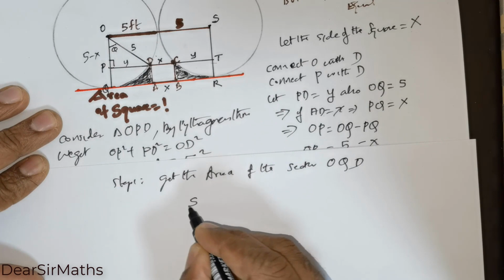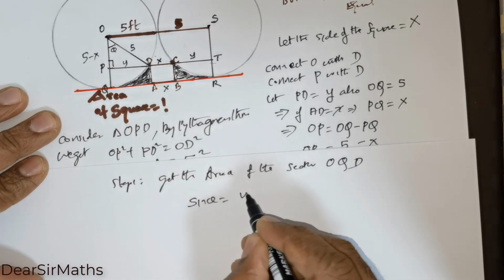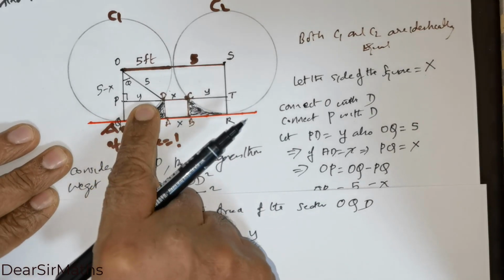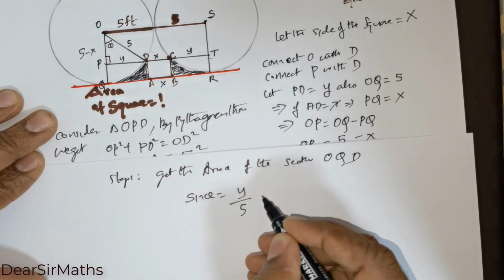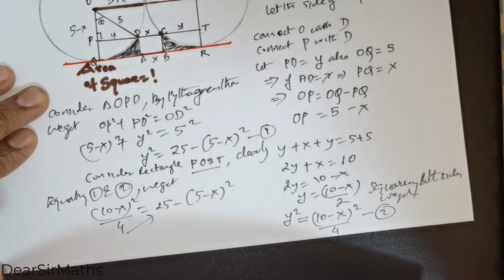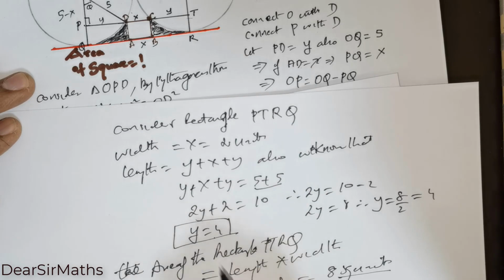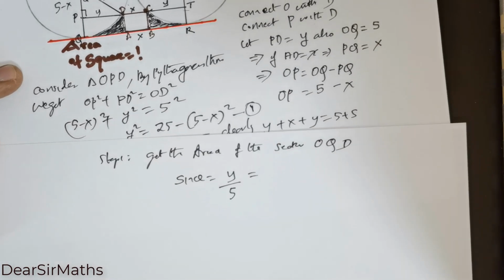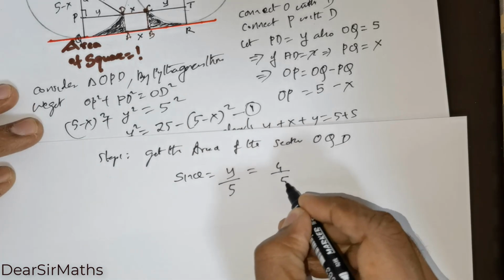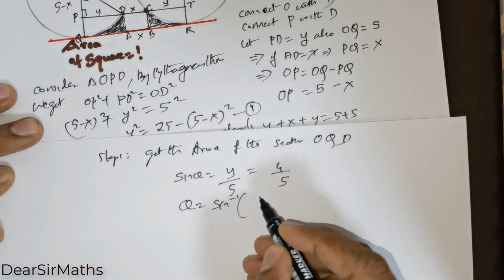So if I were to take sine theta is equal to the opposite side y over the hypotenuse, which is 5 units. Y is obtained as 4 units. Let me show that value of y. Y is 4 units, so we will utilize that value. So 4 divided by 5. So theta is equal to sine inverse of 4 over 5.